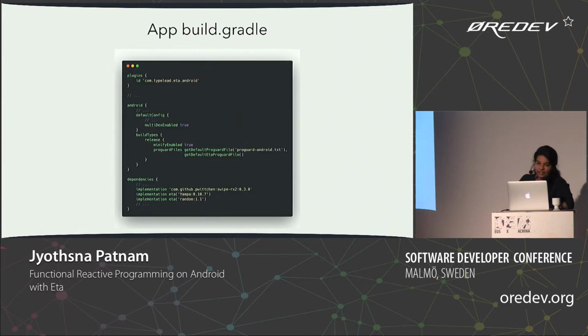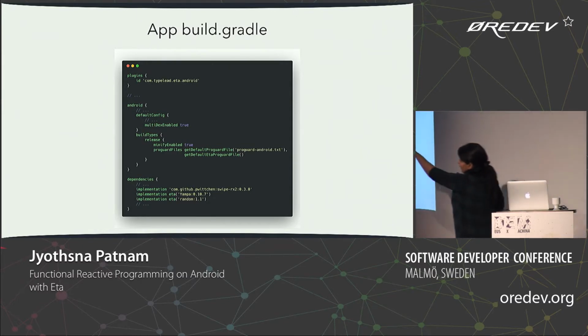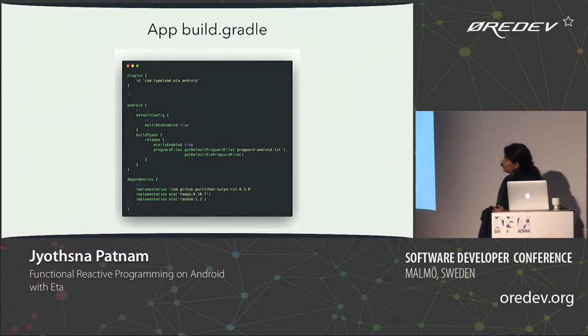In the next step, we are going to include this code in your app's build.gradle file. The first one is to include the ETA Android plugin. The second part, in the Android area there, we're just including something called a ProGuard file.